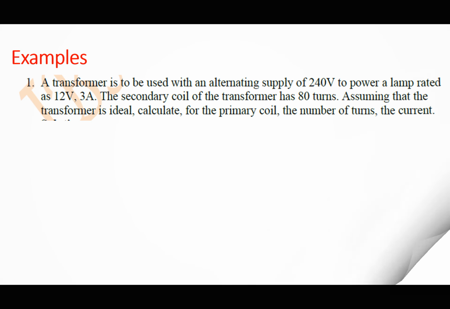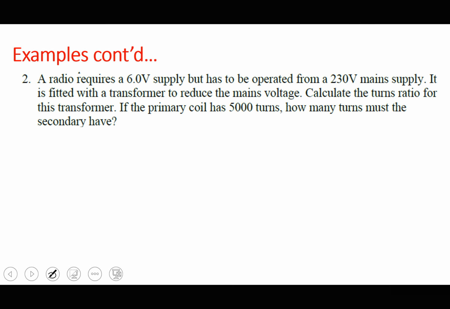Okay. A radio requires a 6.0 volt supply, but has to be operated from a 230 volt mains supply. Because this is what is required, this is going to be the voltage which we must get from the secondary.